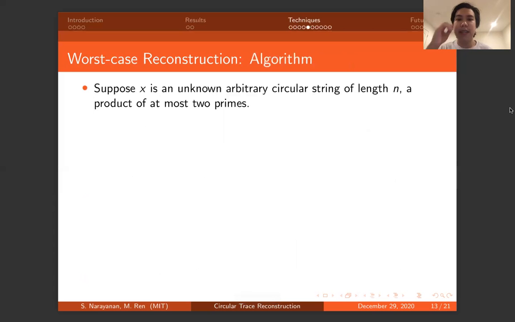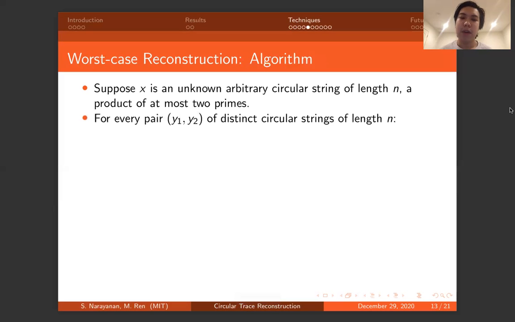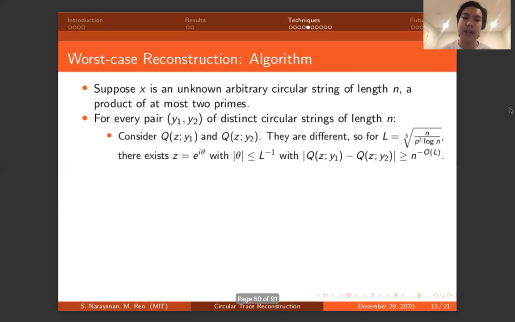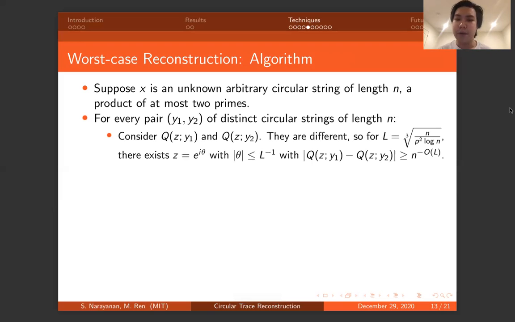Okay, so to summarize the algorithm, let's say we have some unknown arbitrary circular string x of length n, and n is the product of at most 2 primes. We're going to test every pair of distinct circular strings for whether it's more likely that the traces are coming from y1 or y2. To do this, we consider qzy1 and qzy2.